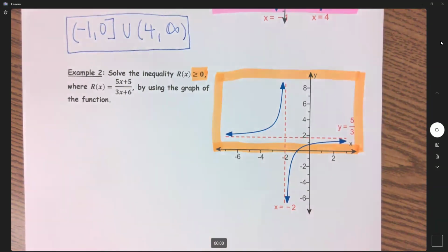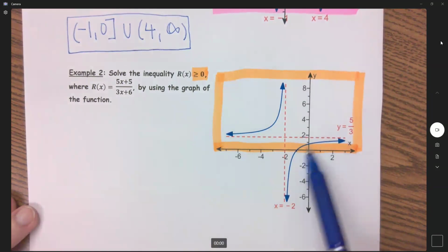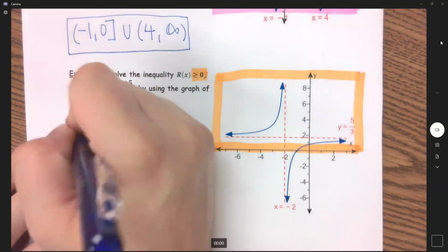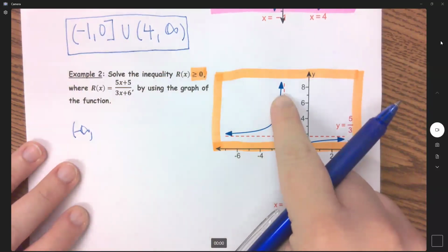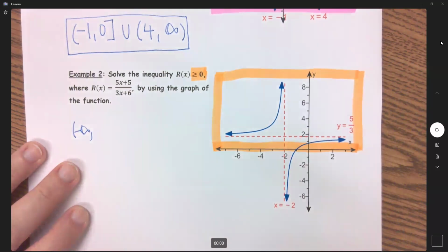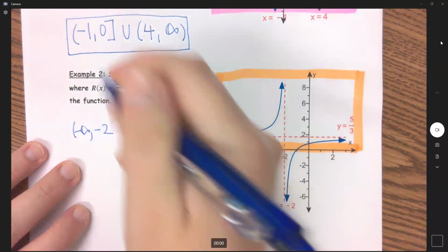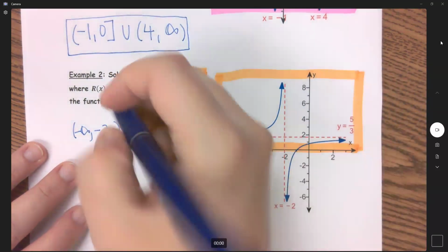Okay, so we have two different parts here, it looks like. We have this part and this part right here. So this is from -infinity to -2, it's approaching this asymptote here, which is at -2. So even though this is or equals to, this is going to get a parenthesis because of that asymptote.